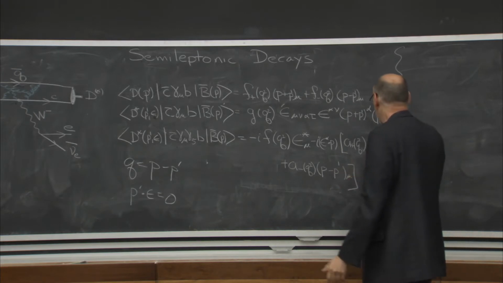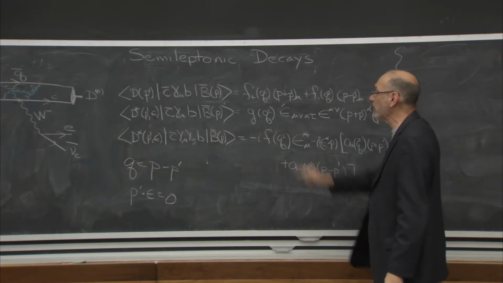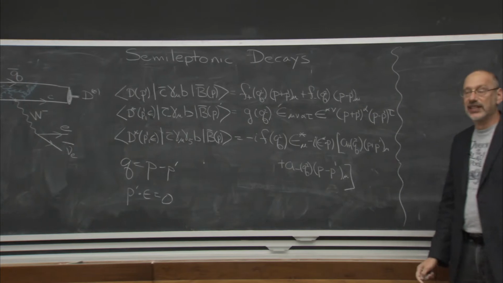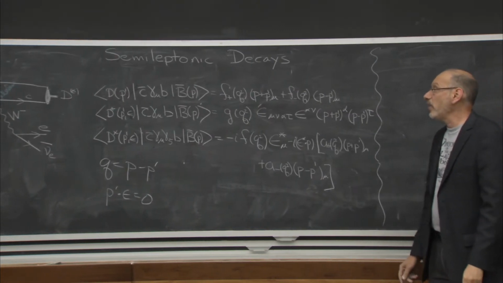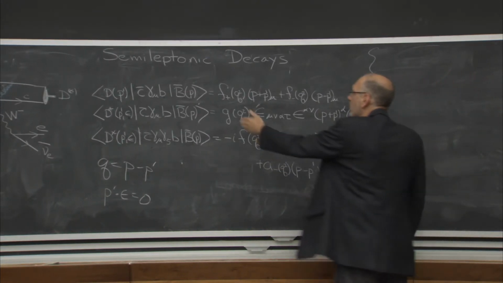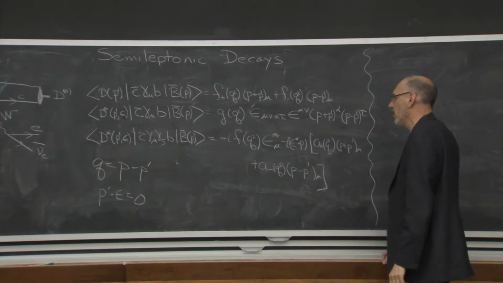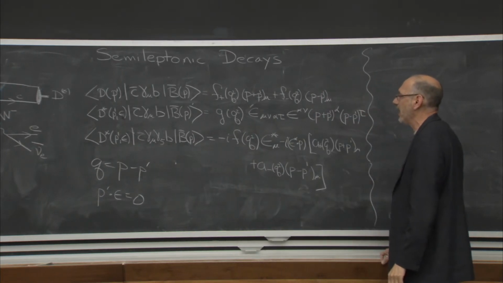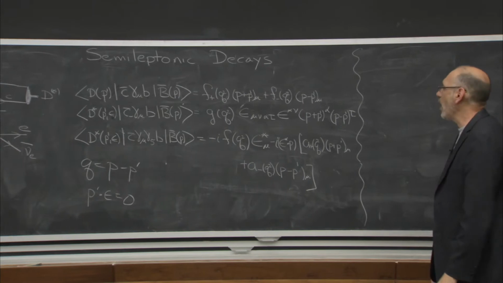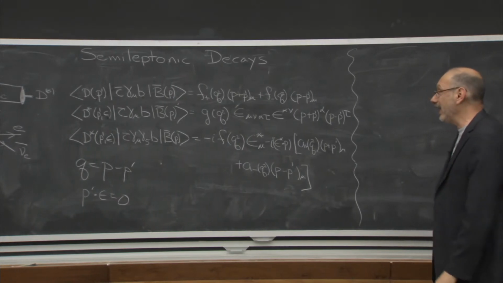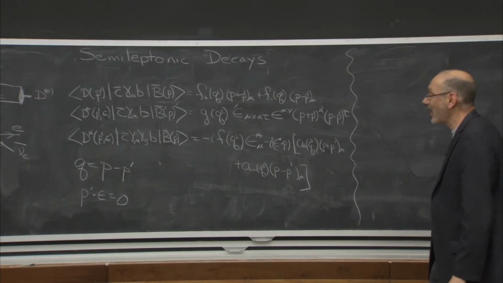And then I just write out all the possible things that transform in the right way to represent these currents. If I look at a differential decay rate, it can be expressed in terms of all of these form factors. So they're the things that we need to know. It looks like a pretty complicated thing. There's a lot of form factors.